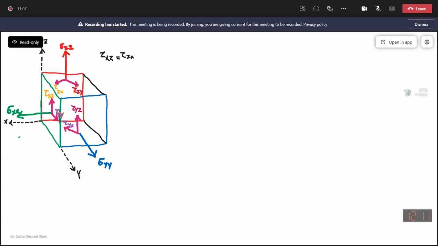Then tau zy or tau yz is equal to tau zy.